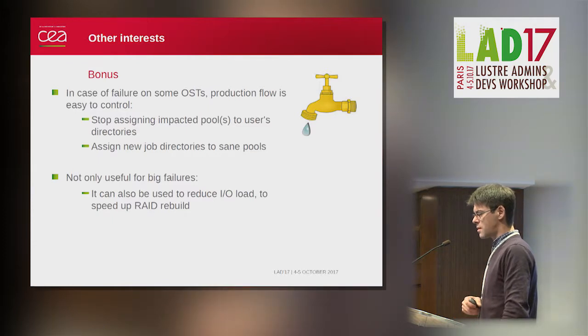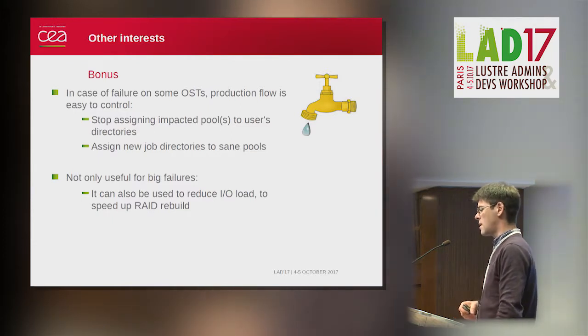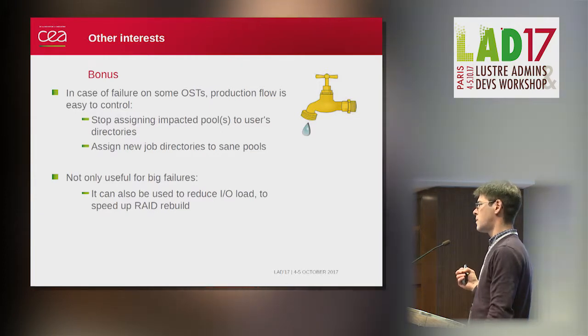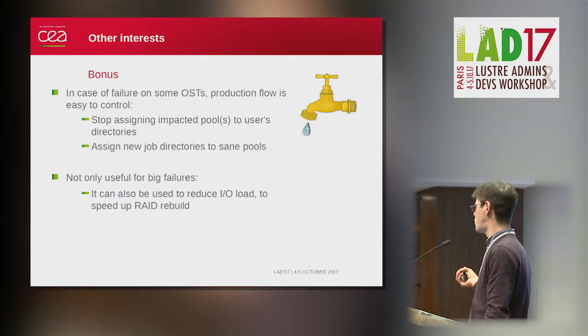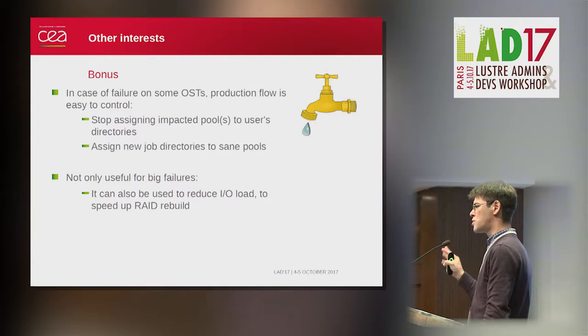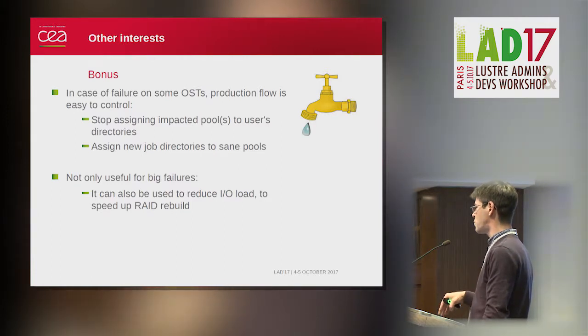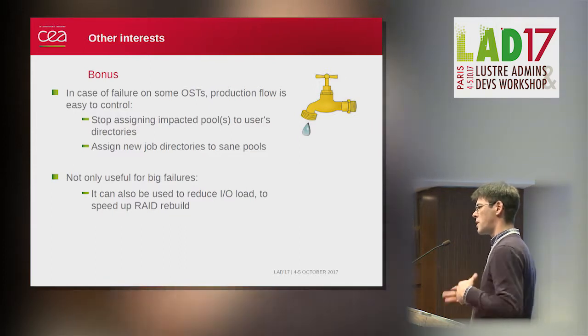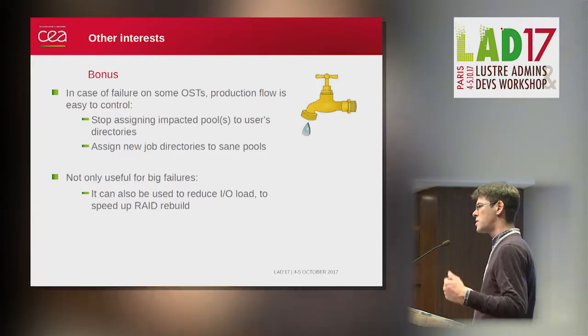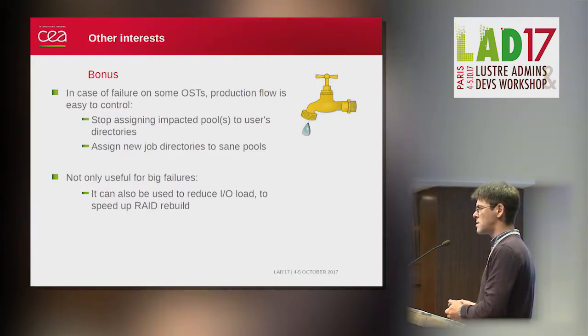As a bonus, if you use this method, you can stop assigning user directories to a pool where there was a failure. If you have a failed OST, you stop assigning the related pool to user directories, and all the new jobs will be created on sane pools, and production can still continue while your OST is unavailable.